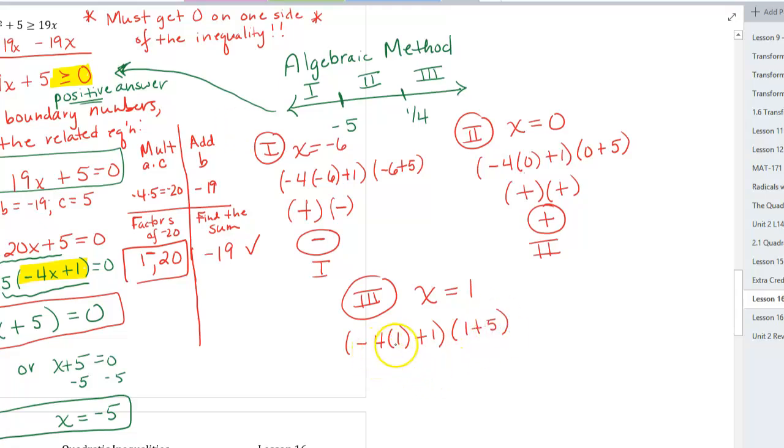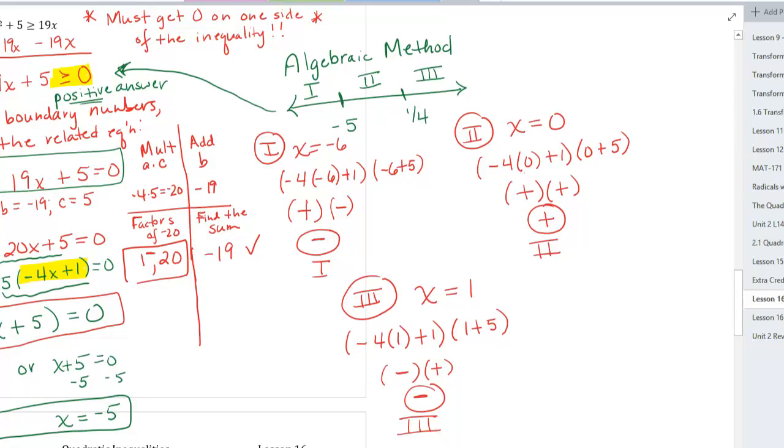Well, negative 4 times 1 is negative 4. Negative 4 plus 1 is going to be negative 3, which is negative. 1 plus 5 is 6, which is positive. And a negative times a positive will give me negative answers.